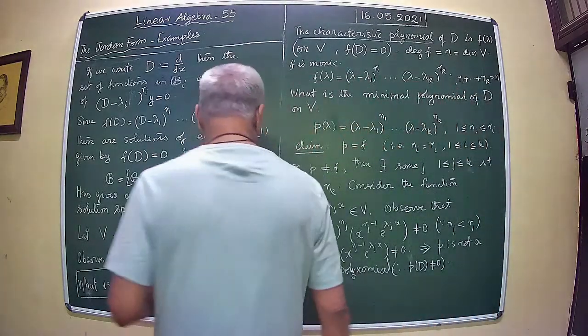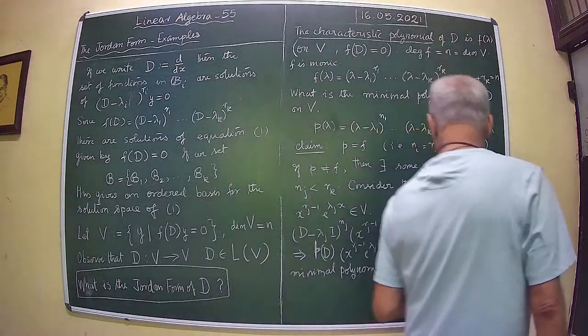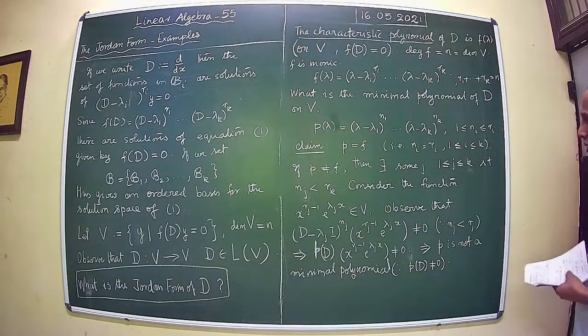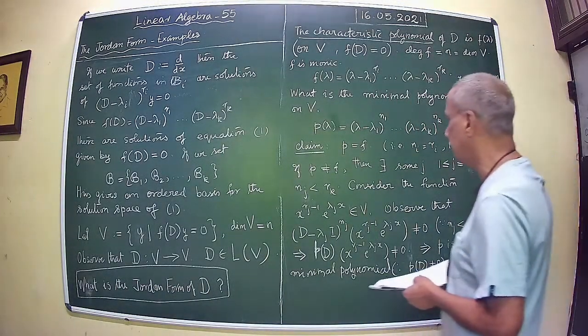That's the reason. Therefore, P is not a minimal polynomial. What does it mean?